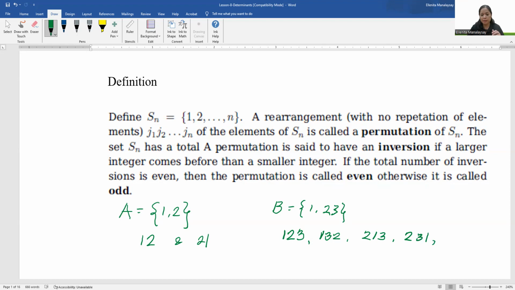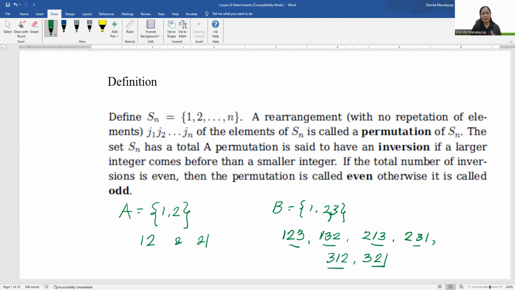Also, 3 can come first, followed by 1 and 2, or 3 first, followed by 2 and 1. So in a set containing 3 elements, we have 1, 2, 3, 4, 5, and 6 possible arrangements.